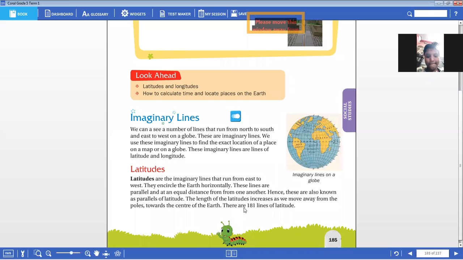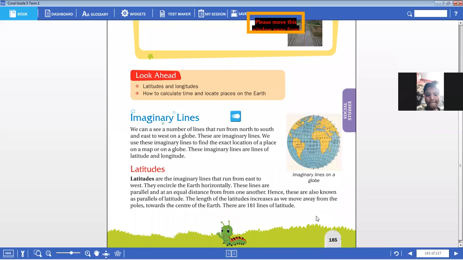There are a total, children, of 181 lines of latitudes. So there are totally 181 lines of latitudes, children.